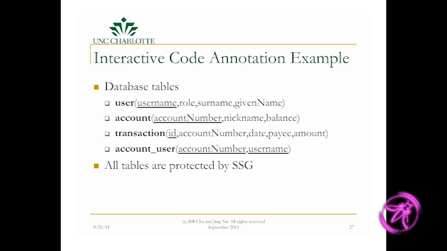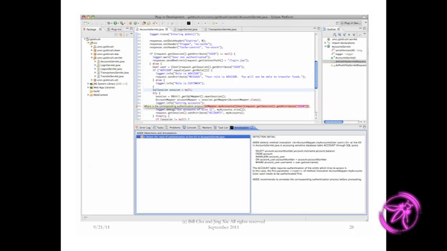You have accounts, with an account number. You have transactions, with transaction IDs that are tied to particular accounts, and then you have a relationship between account number and username, right? So it's the simplest set of database tables for tracking those transactions. So here's our current mock design of this process.